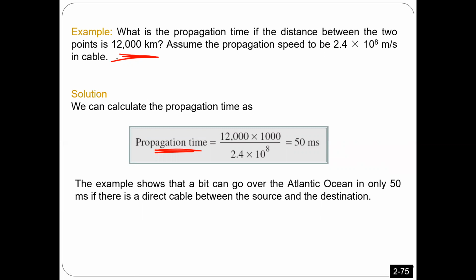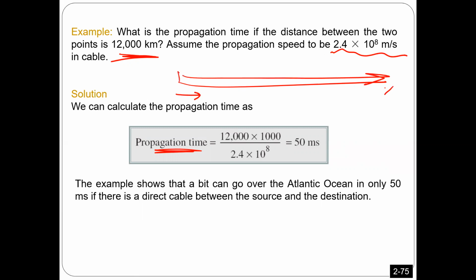We assume that this is a propagation delay. If you transmit a signal here on this very long cable, how much time is it going to take for the signal to move from the beginning to the end? As you see here, propagation time is the distance. It's exactly the same distance, but all I did was convert it to meters instead of kilometers. And this is, sorry, the speed, also in meters per second.